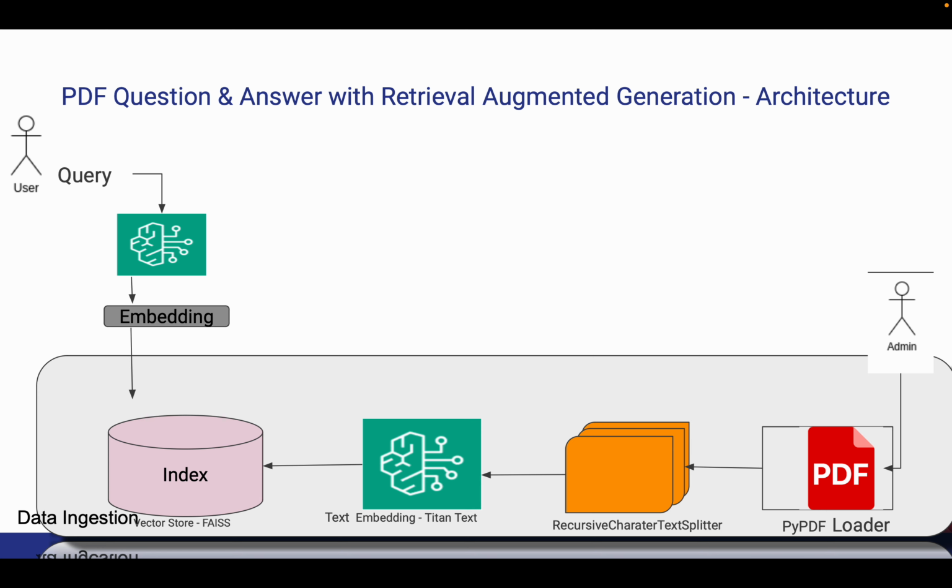We will be using the same Titan text embedder. The query will be converted into an embedding, and we will do a similarity search against our saved vector store. We will get a couple of text chunks from the similarity search, and that is the context.